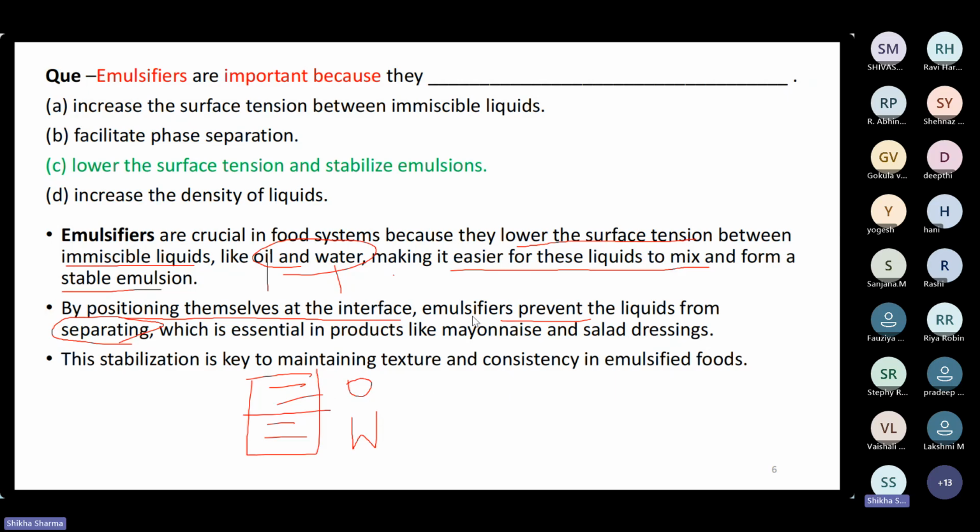So we need emulsifiers to get a stable emulsion. Products like mayonnaise and salad dressings need emulsifiers. This stabilization is key to maintaining the texture and consistency of emulsified foods.